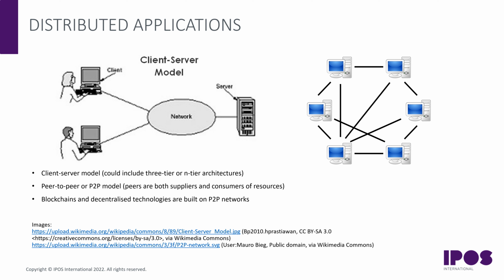Another distributed application model that one might have heard of is the peer-to-peer or P2P model. Unlike the client-server model, which centralizes control and resources at the server, the P2P model is completely decentralized, with all the nodes connected to it operating as peers. And all peers are equally suppliers and consumers of resources within the network.